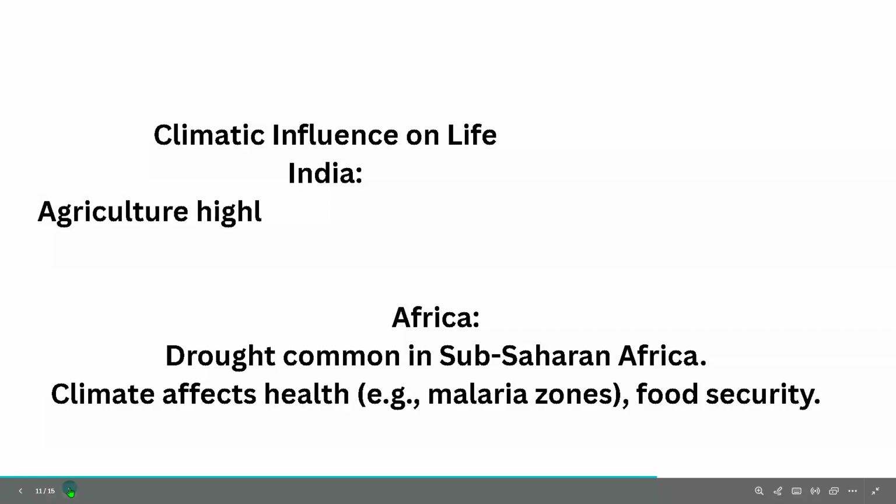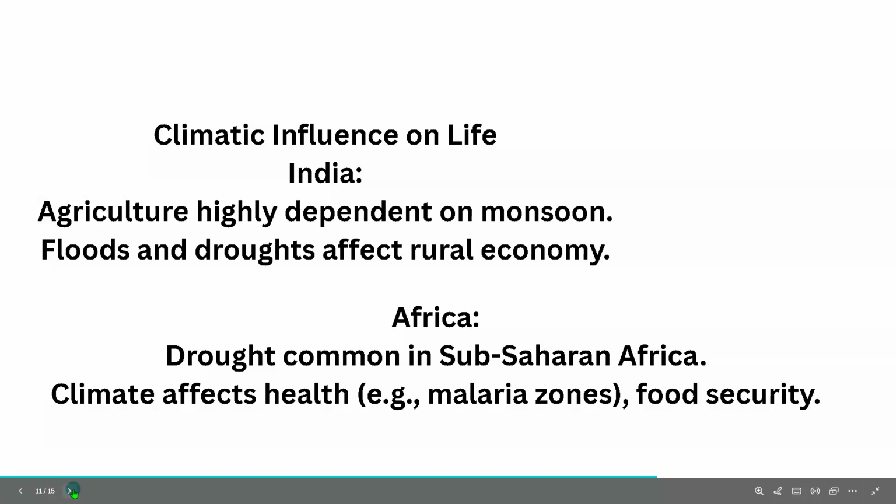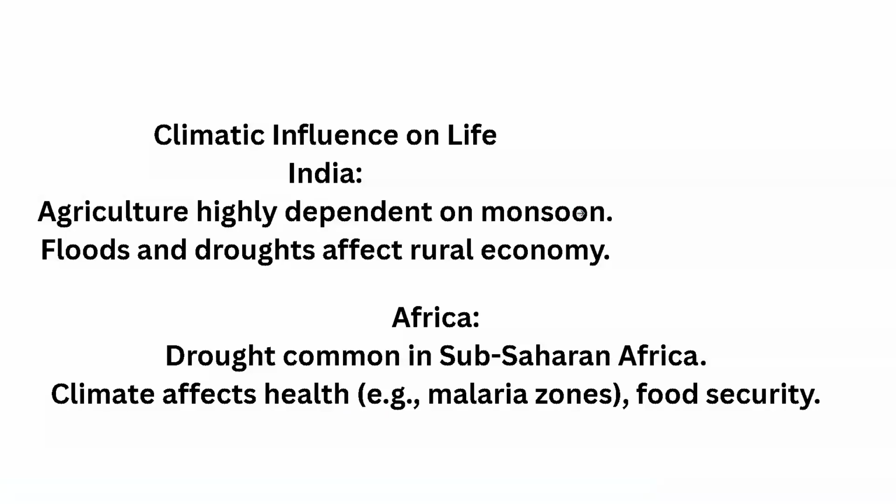Now, agriculture is highly dependent on monsoons. If monsoon fails, agriculture also will fail in India. And if it causes heavy rainfall, then floods will affect the rural economy.